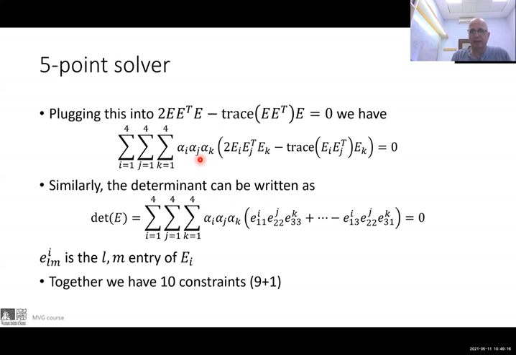We have products of triplets of alphas. Remember that alpha 1 is 1, so you get triplets, you get pairs, because sometimes these alphas are 1. Overall we have 10 equations of cubic polynomials.